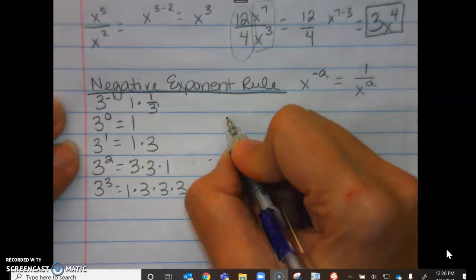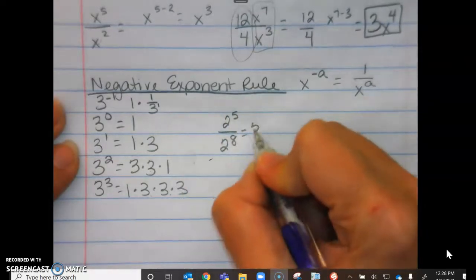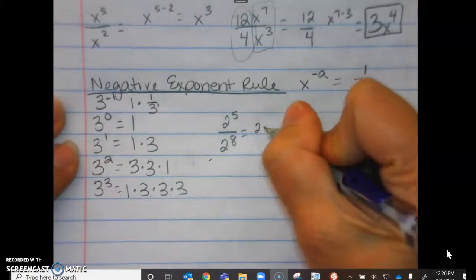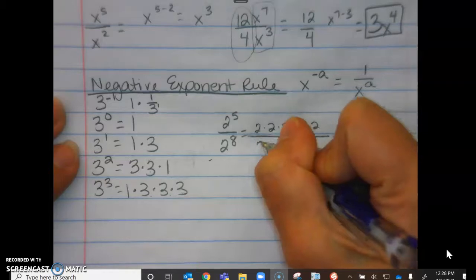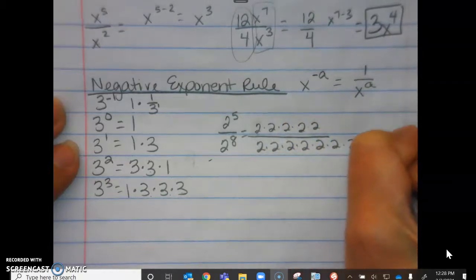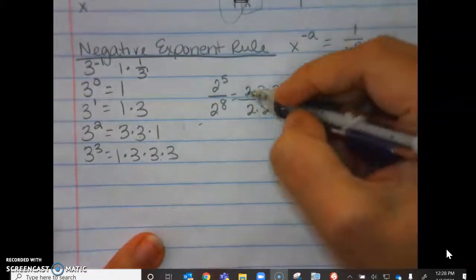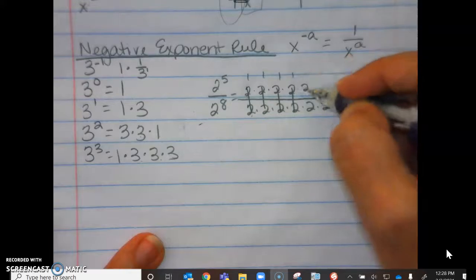If I wrote 2 to the 5th over 2 to the 8th, and we wrote this out. So we would have 2 times 2 times 2 times 2 times 2 over 2 times 2 times 3, 4, 5, 6, 7, 8. And I know 2 divided by 2 is 1. 1, 1, 1, 1.